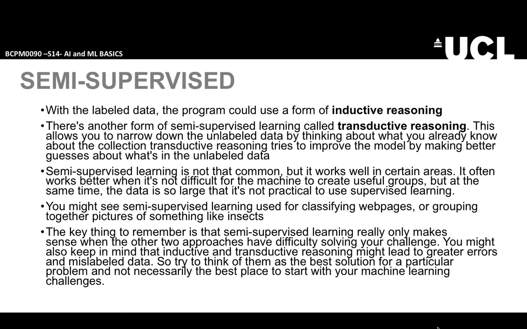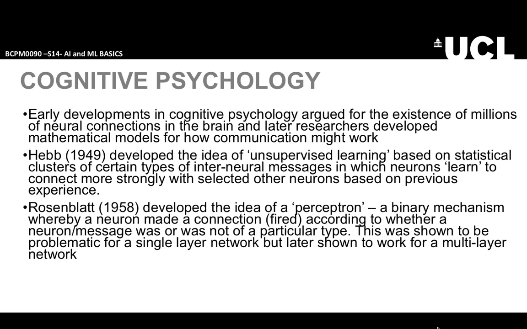The important thing is to understand that semi-supervised learning really only makes sense when the other two approaches have difficulty solving your challenge. Because you need to keep in mind that inductive and transductive reasoning might lead to greater errors and mislabeled data. So before explaining neural networks, it's important that you understand a little bit about cognitive psychology.